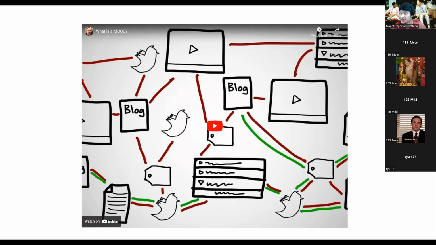You can choose which topic you like to do, and then you study that in your own time, in your own way, and you come back and you discuss with people, right? So that means it's open, not only in terms of anyone, but it's also open in terms of how you can learn and how you can approach learning as well.